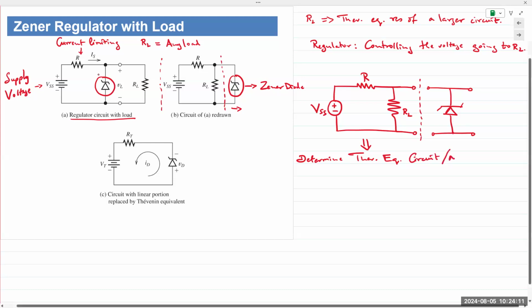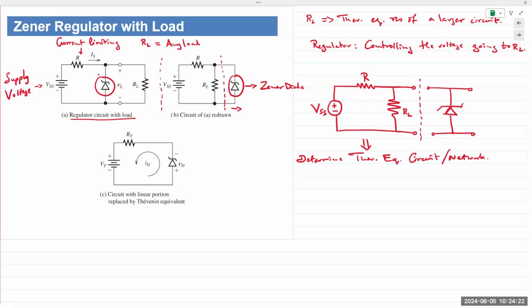Also, circuit and network in this instance, or in 201 and 321, are kind of synonyms of each other. We typically refer to a circuit as a network or a network as a circuit. In this case, it's both the same.